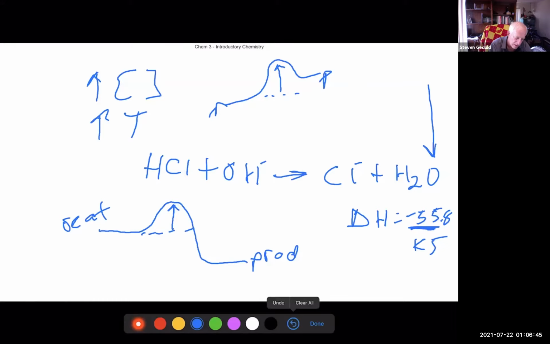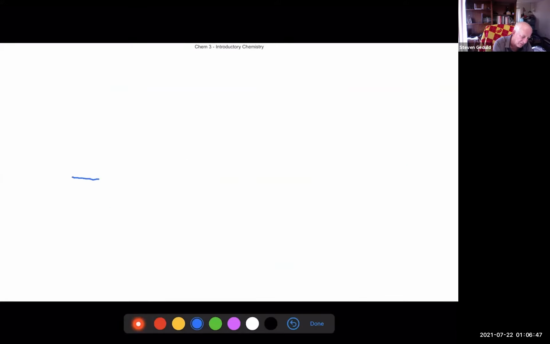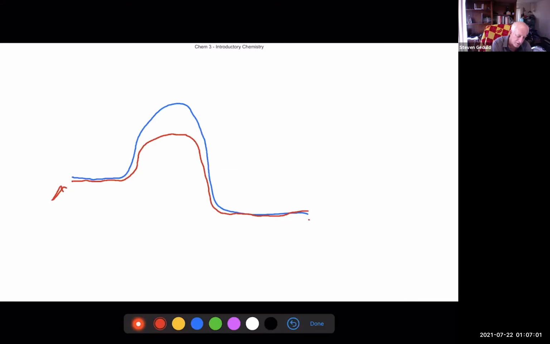So if we had an energy curve that looked like this, and we added a catalyst, it will look like this. Your reactants and your products are the same energy. They're at the same point at equilibrium, but the activation energy is lower.